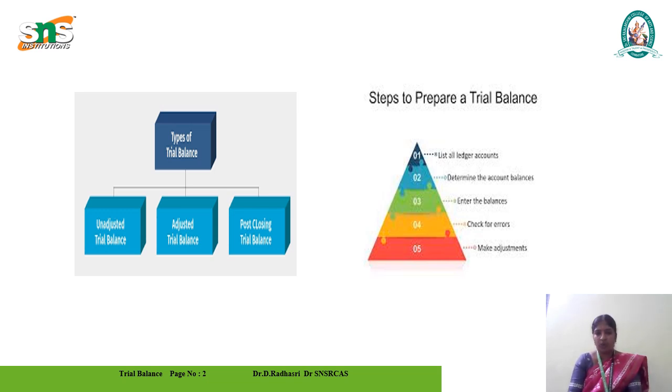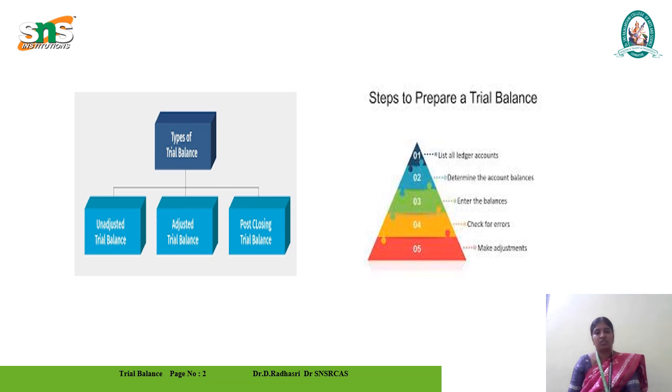In that way, the unadjusted trial balance, adjusted trial balance and post-closing trial balance take place from the ledger list of the year, defining the year's account balances and the balances of the entries. The corrections are handled and adjustments made in the trial balance.